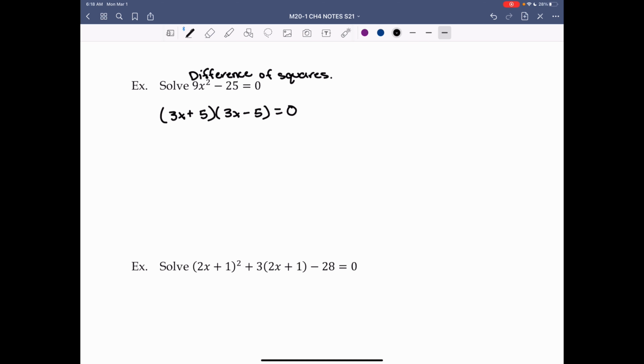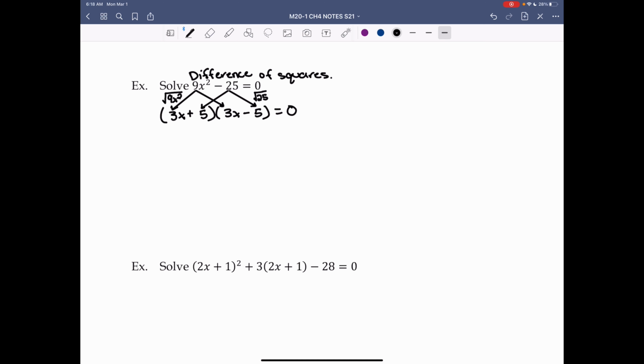So let's write ourselves a little note here. To get the first term of each binomial, we took the square root of 9x squared. And to get the second term of each binomial, we did the square root of 25.